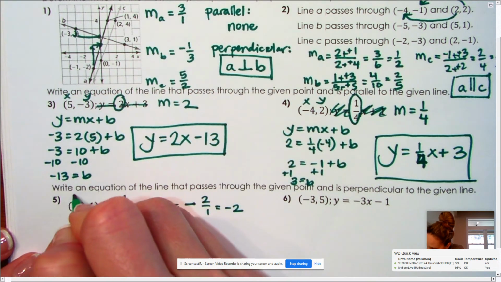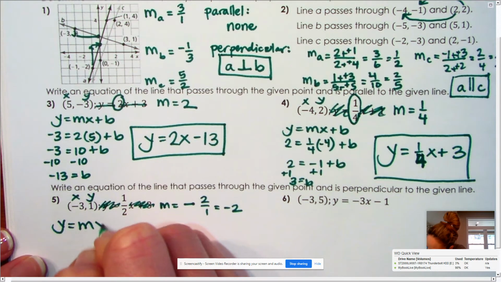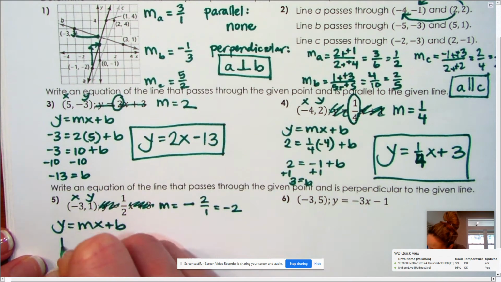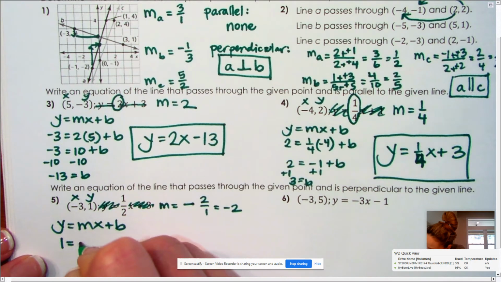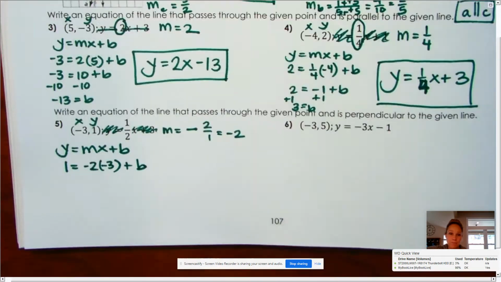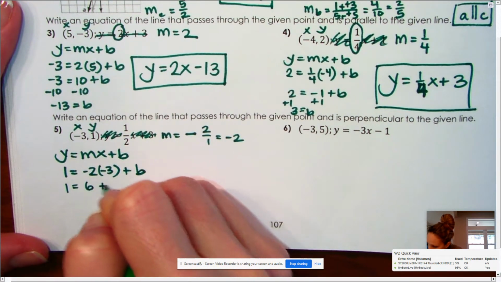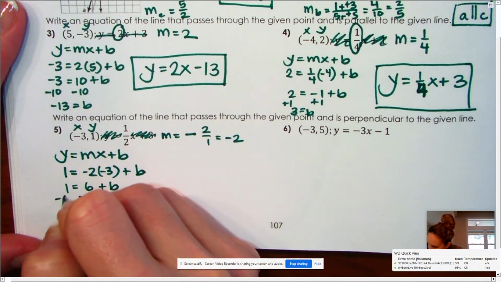So now I'm going to plug it in. This is an x, this is a y. So y equals mx plus b. The y value is 1, the m is -2, the x is -3, and then I need to find out what my start value is. So I'm going to multiply that. Negative times a negative is a positive. I'm going to minus the 6 on both sides.